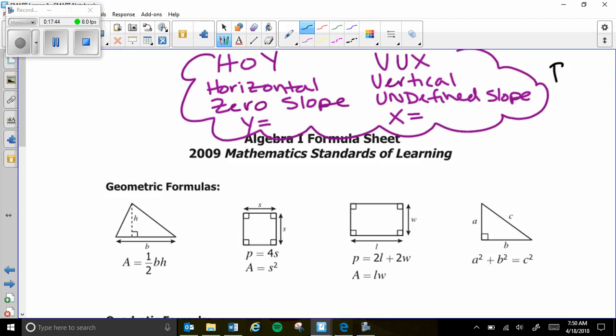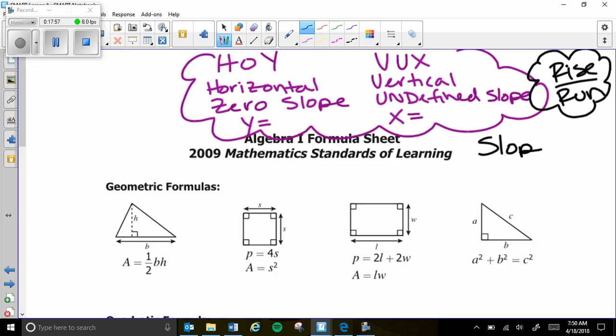We also had a few more things pertaining to slope. So we have rise over run. And then the other formula we learned was to figure out slope. The formula for slope is m equals y2 minus y1 over x2 minus x1.